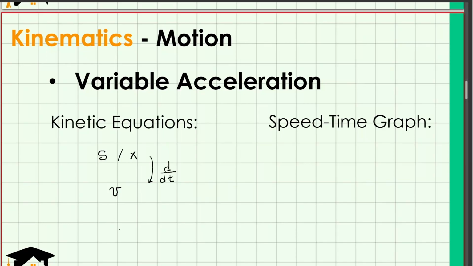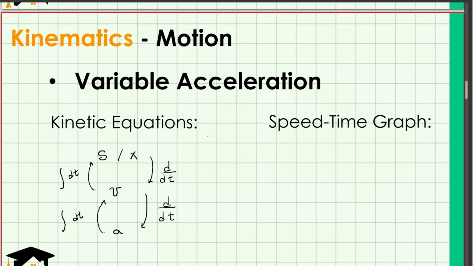And if we want to go from the speed to the acceleration, we also have to differentiate again with respect to time. But if we want to go from the acceleration to the speed, then we have to integrate with respect to time. And likewise, if we have the speed and we want to know the position, we have to again integrate with respect to t.